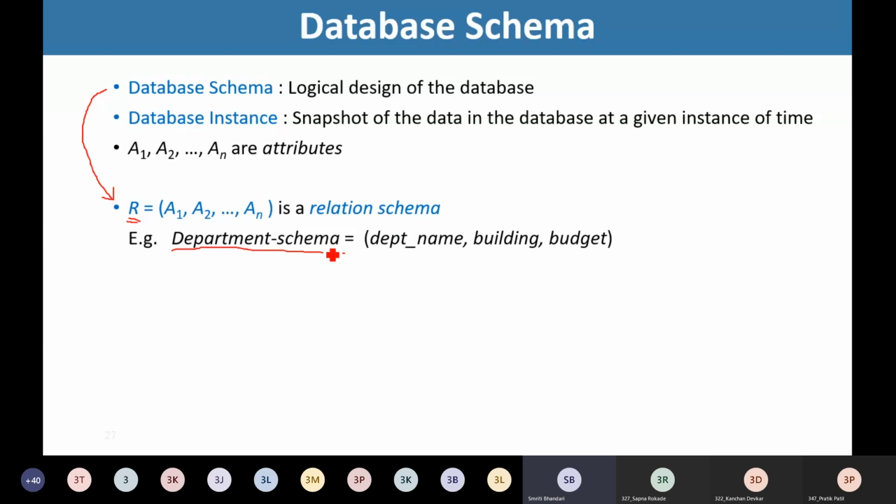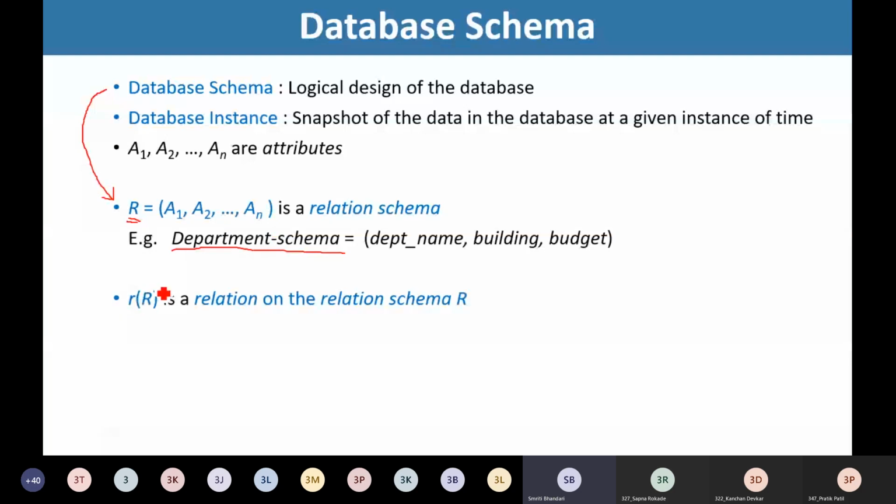What are the attributes in my department schema? Department name, building, budget. So the schema for every relation is depicted as the schema equal to the list of attributes in that schema.